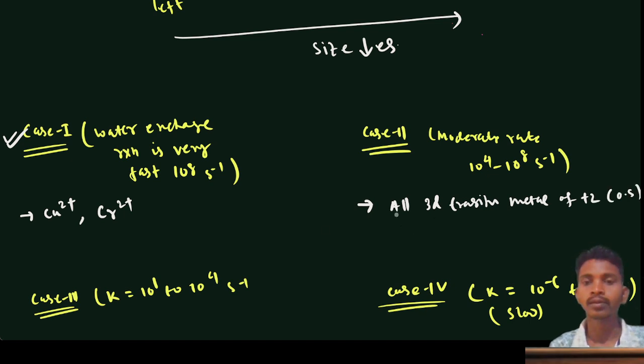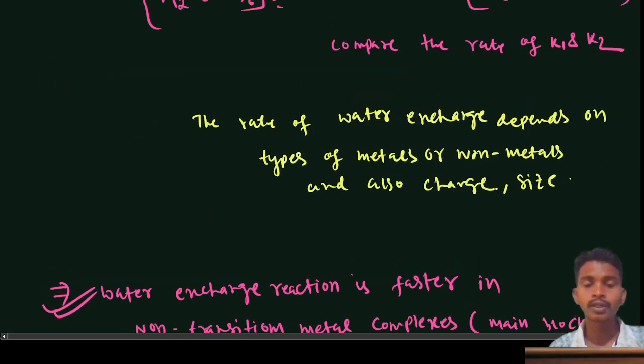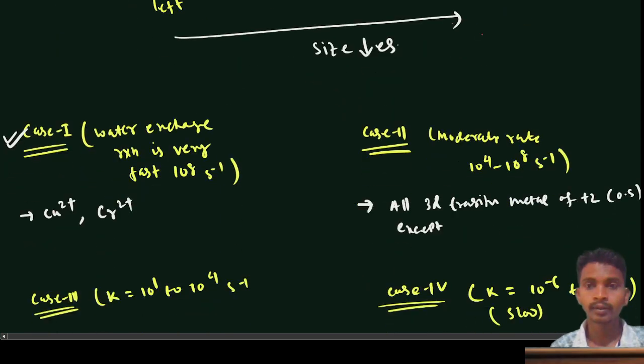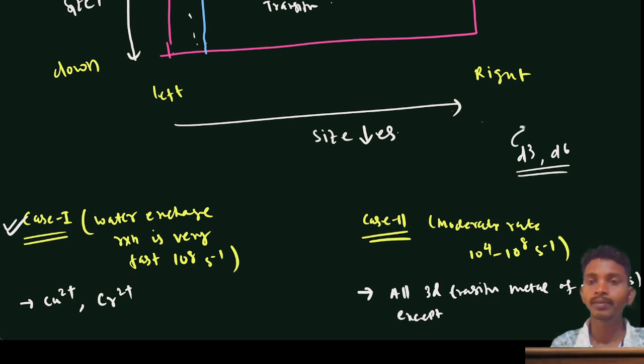Except that some become inert, like d3 and d6 compounds. d3 means V2+ and d6 means Fe2+.